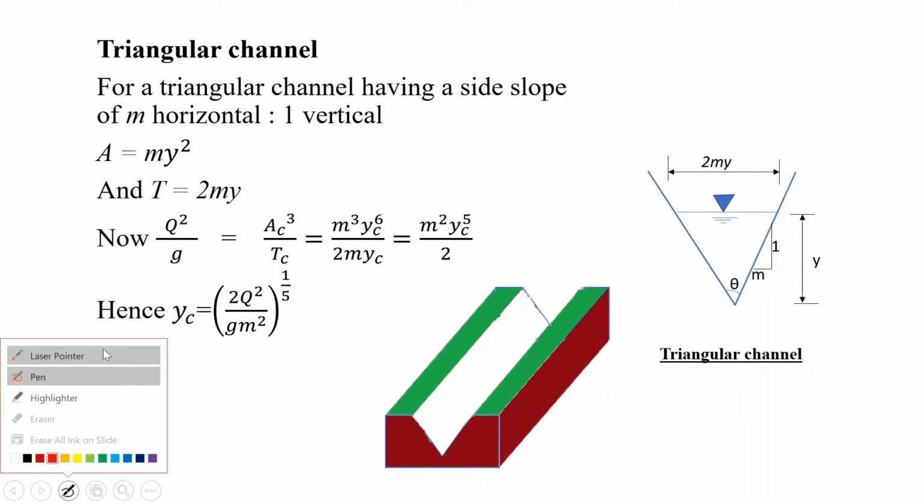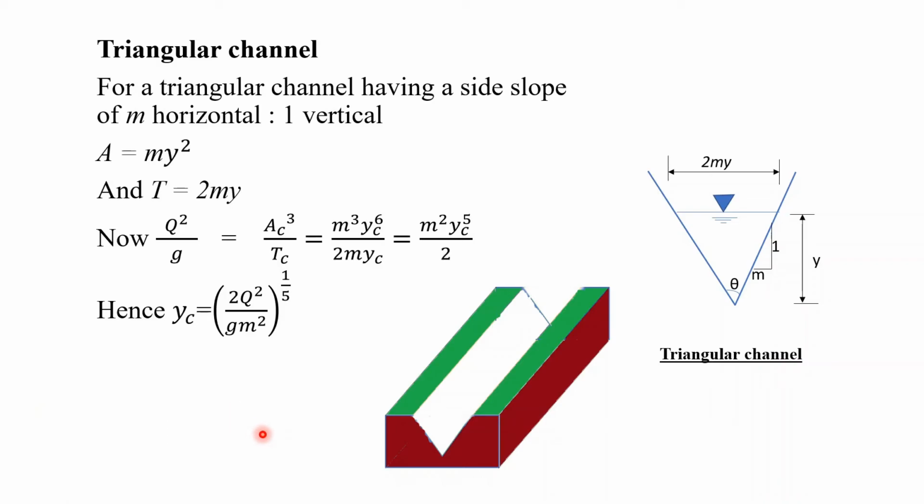Triangular channel. For a triangular channel having a side slope of m horizontal to 1 vertical, area is m into y square, and T, the top width, is equal to 2 into m into y. Now for critical flow, Q square by G is equal to Ac cube by Tc.